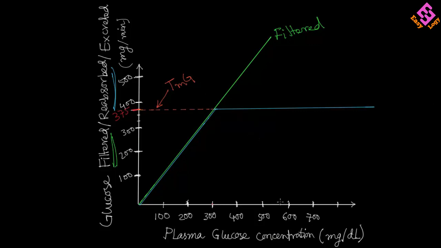Whatever may be the plasma glucose concentration, like 400, 500, no more glucose can be reabsorbed. So we have got this blue line as the reabsorbed plot.